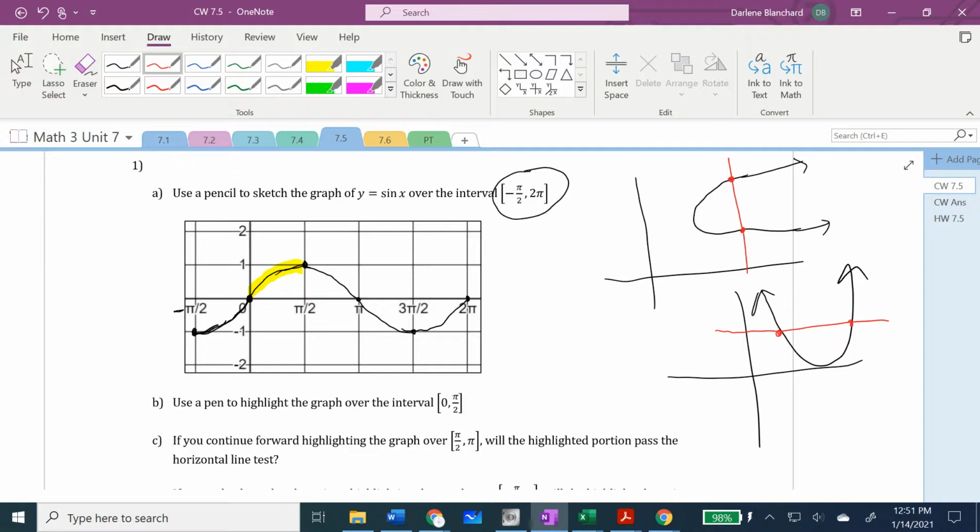Anyway, so for part C, it's a question. If you were to continue forward highlighting the graph from pi over 2 to pi, would that entire highlighted portion pass the horizontal line test?